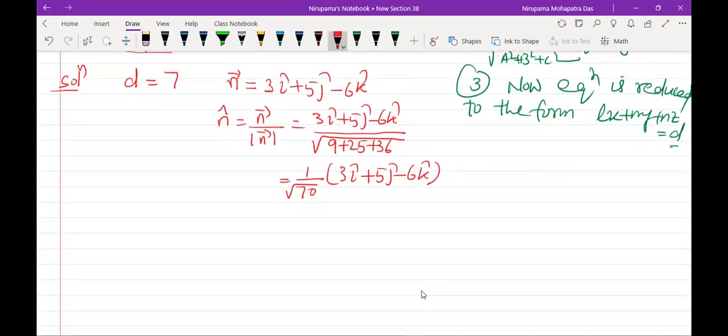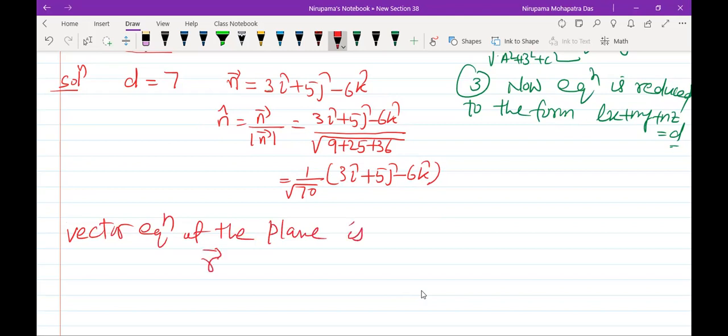Okay, so the vector equation of the plane is r dot n cap equal to d.